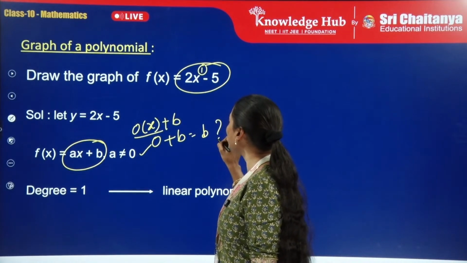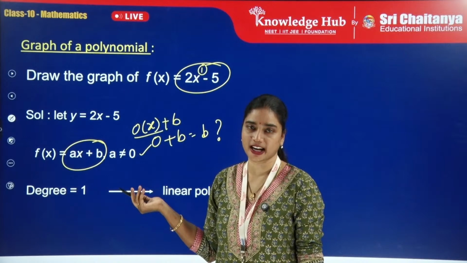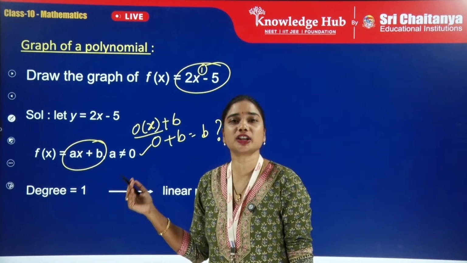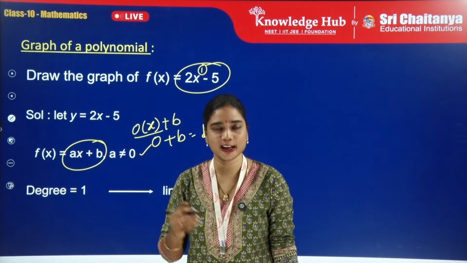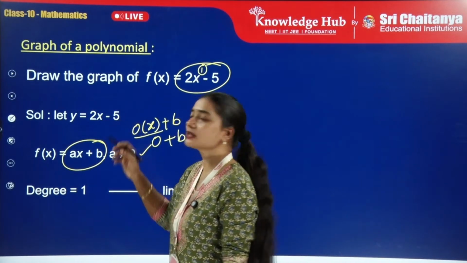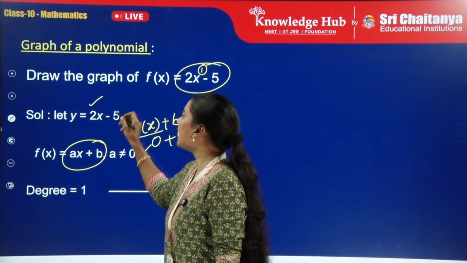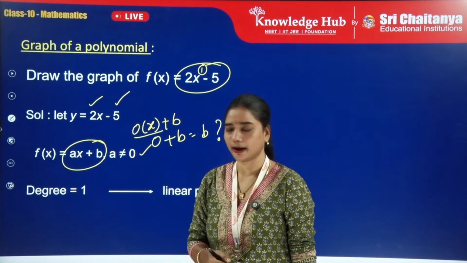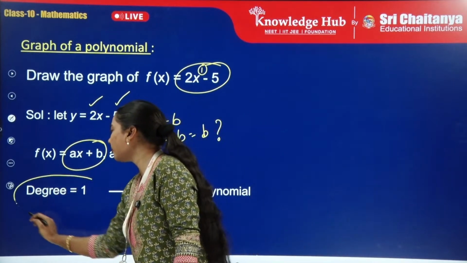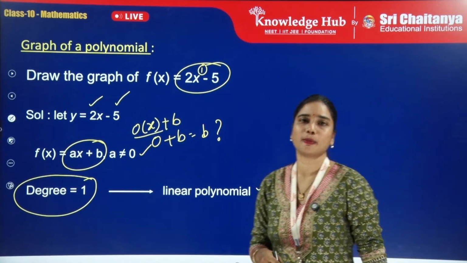There is no presence of the variable; we are left with only a constant. That's why the coefficient of x should not be equal to 0. In the linear polynomial 2x minus 5, the coefficient of x is 2 and the constant term is minus 5. The degree of the given polynomial is 1, hence it is a linear polynomial.